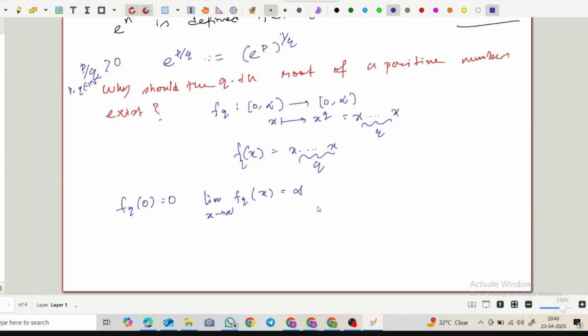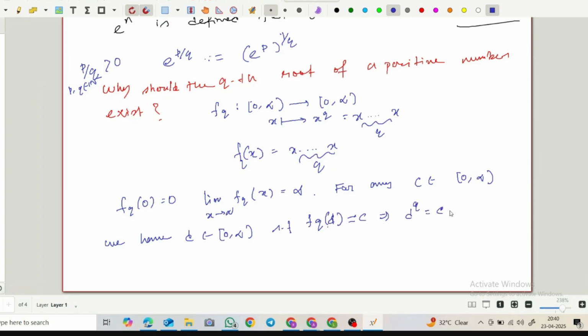Yes, sir. So for any c belonging to 0 to infinity, we have d belonging to 0 to infinity such that f_q of d is c, that is, d to the power q equals c, because of the IVP. There we are using the IVP.